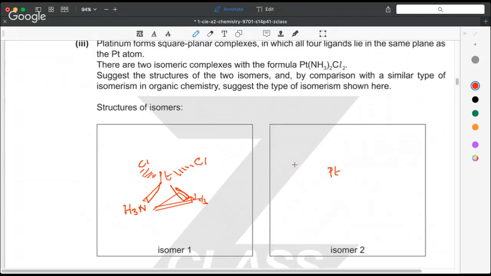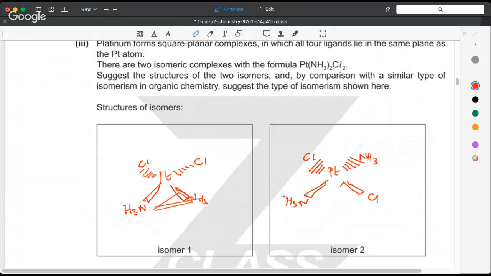So you could swap that around, of course, and you could have chloride there, and an ammonia ligand there, and you could have the ammonia ligand there, and the chloride ligand here.